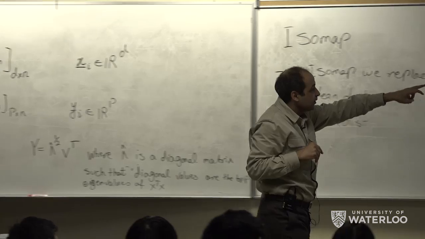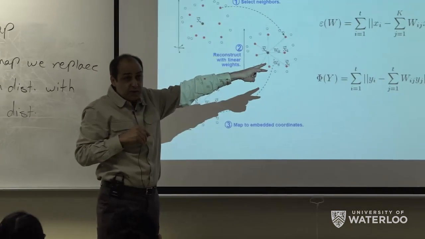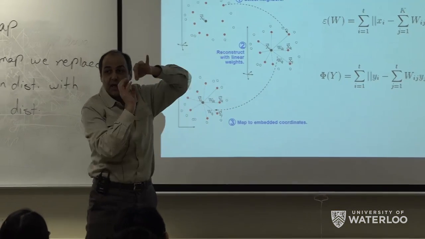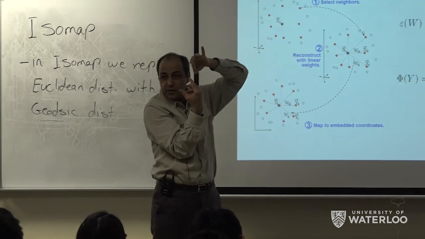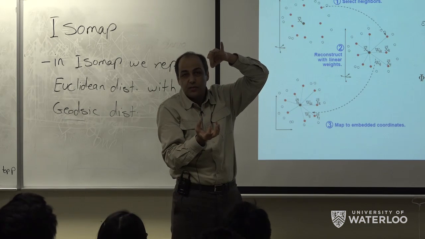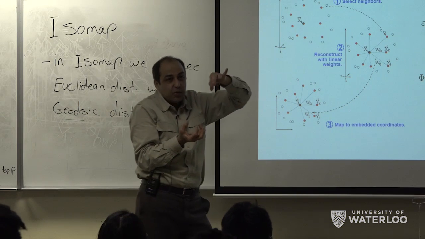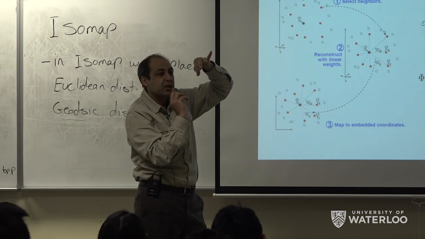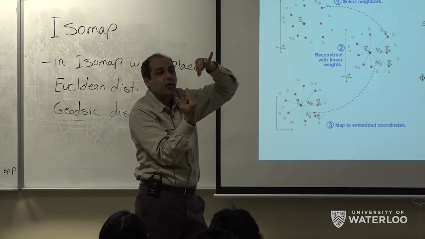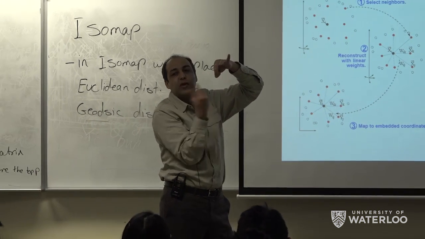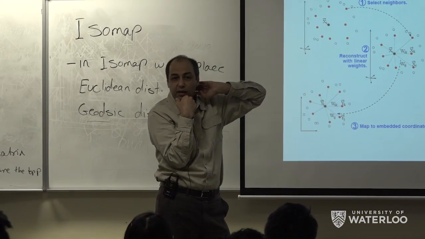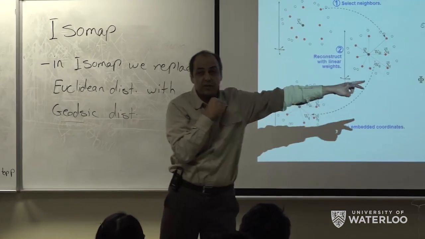Whatever the structure of the points and their k nearest neighbors was, I would like to preserve that in low dimensional space. So the same point in p dimensions should now be reconstructed by the same set of k points with the same set of weights. Okay? So here y is unknown and w is fixed.